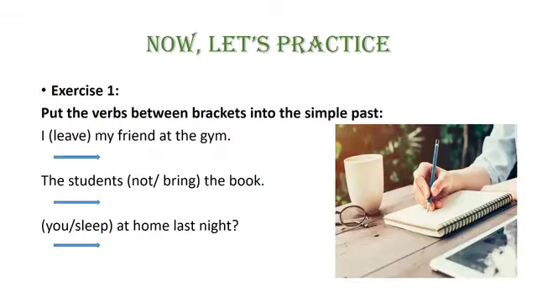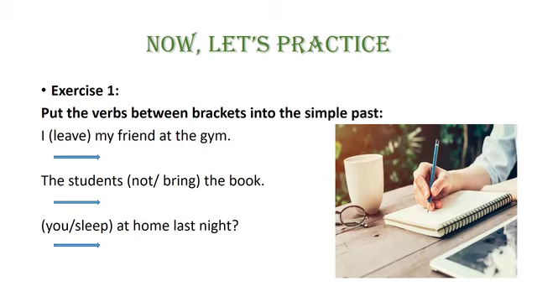So now let's practice. Your first exercise, you have to put the verbs between brackets into the simple past. So you have verbs leave, bring, and sleep between brackets. Give me the simple past form. So first sentence is what? Affirmative or negative or interrogative? Which form do you have?